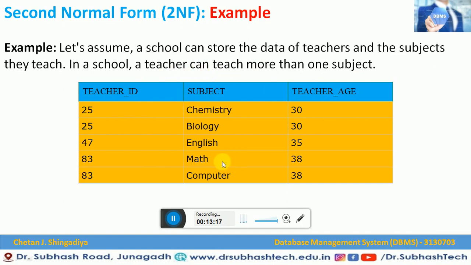Now we would like to see whether that table is in first normal form or not. To check first normal form, we have to see whether any multi-valued records are there or not, and whether there are any composite attributes or not. But here you can see there are no composite attributes or composite columns.